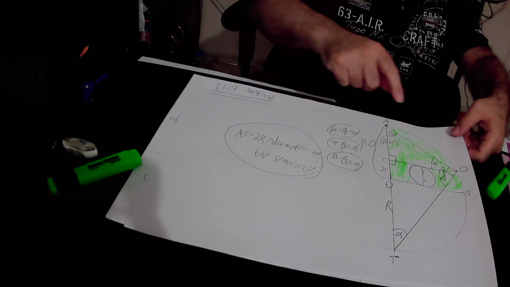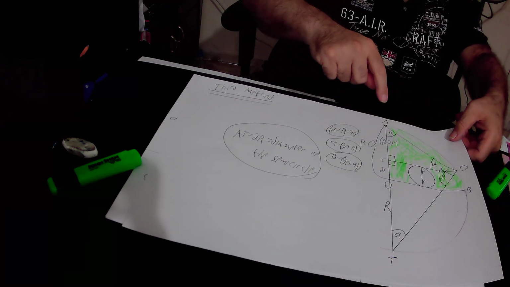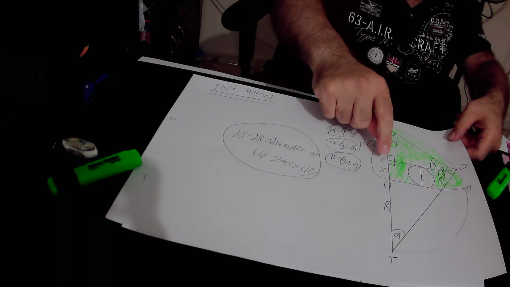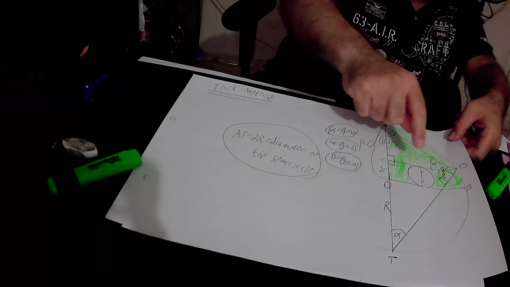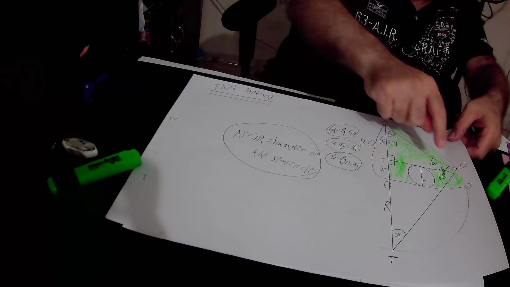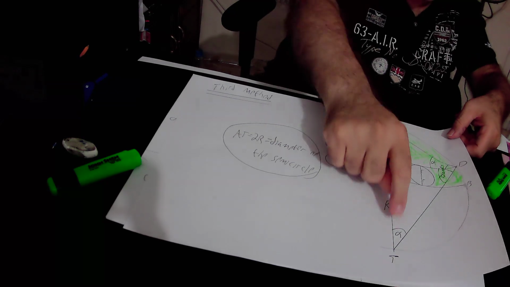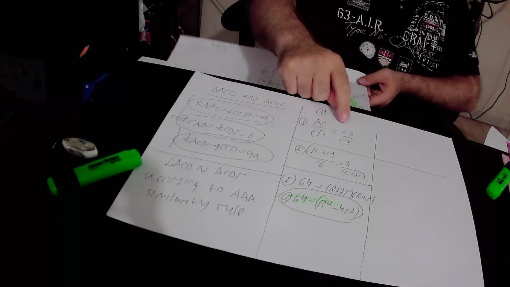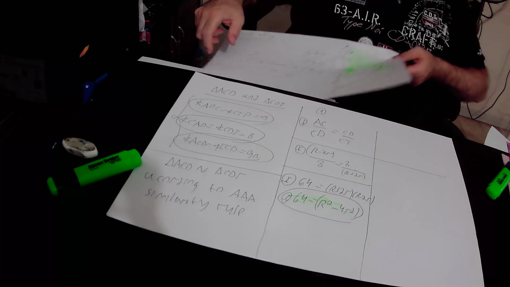From the fact that those two right triangles are similar, we derive that AC over CD equals CD over CT.